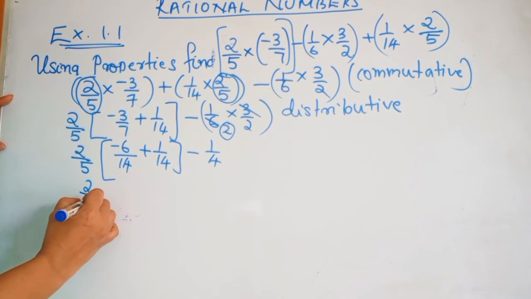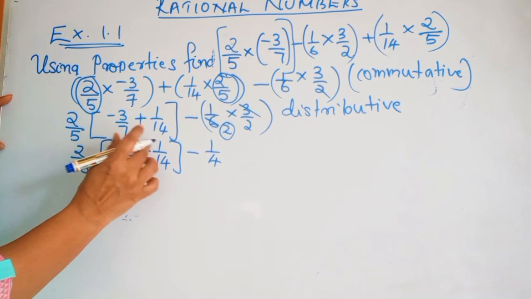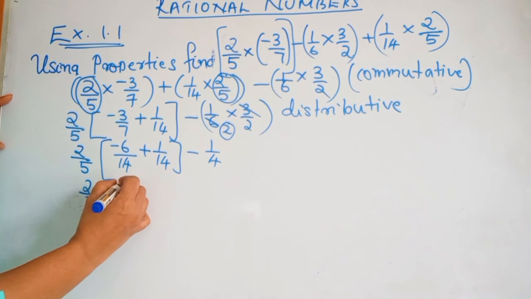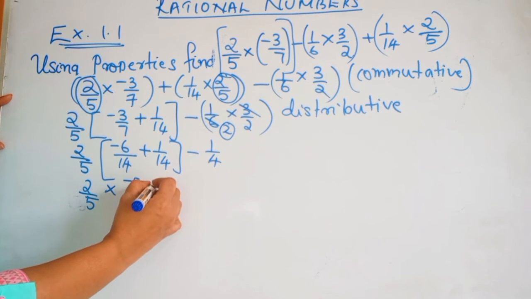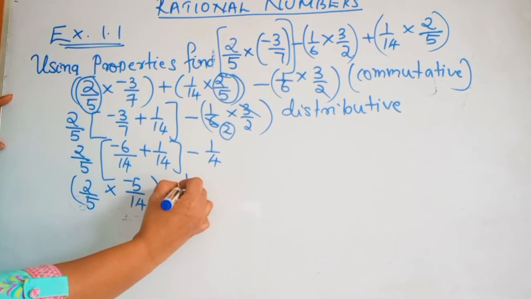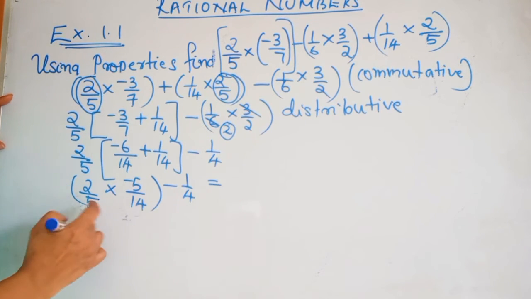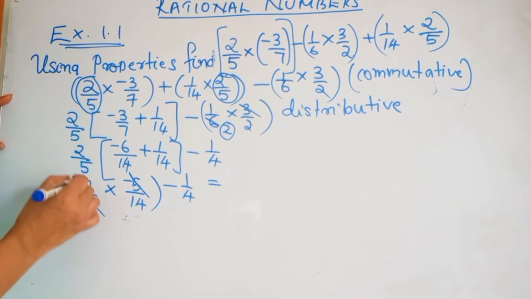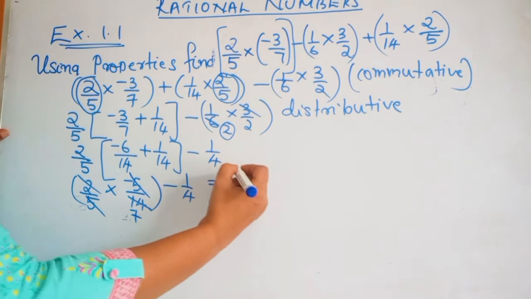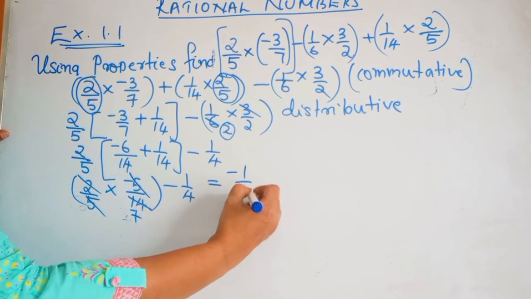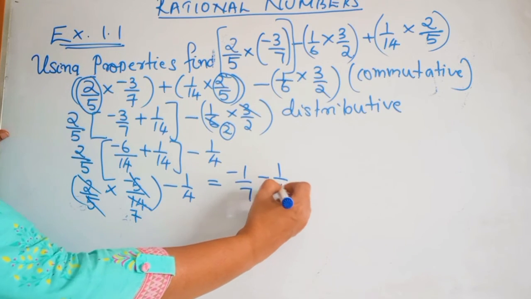So we can solve this: minus 6 plus 1 will become minus 5 by 14, and minus 1 by 4. Now 5 and 5 get cancelled, and 2 and 14, 7 times possible. So we got minus 1 by 7 minus 1 by 4.